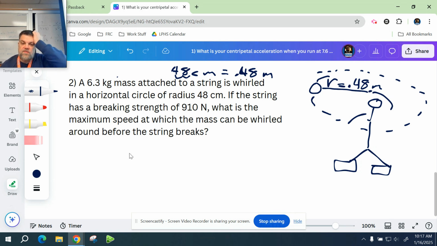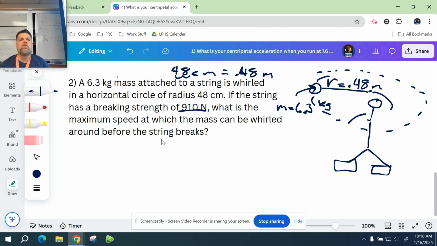All right, and the mass of this thing, m for mass, is equal to 6.3 kilograms. That's good because it needs to be in kilograms. And then it has a tension of 910 newtons.